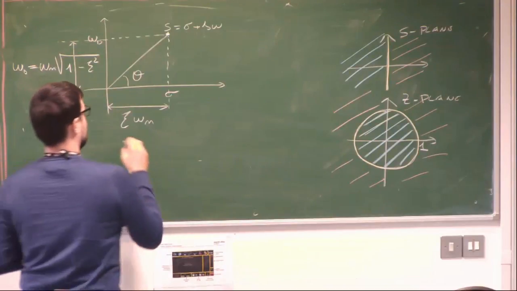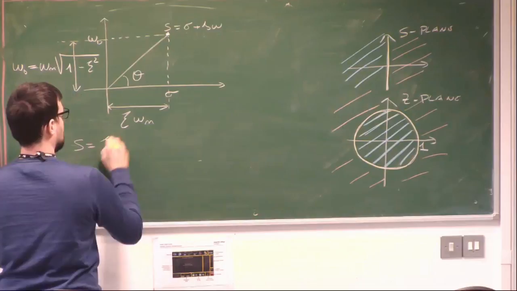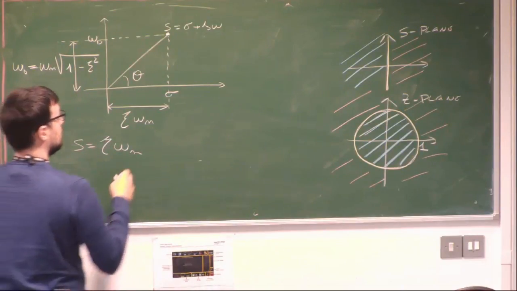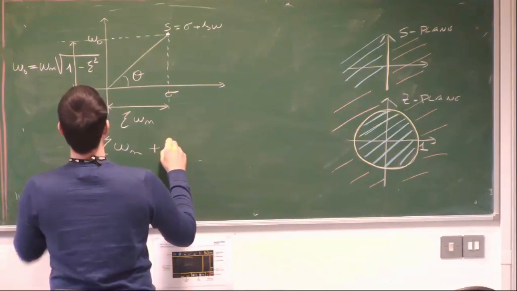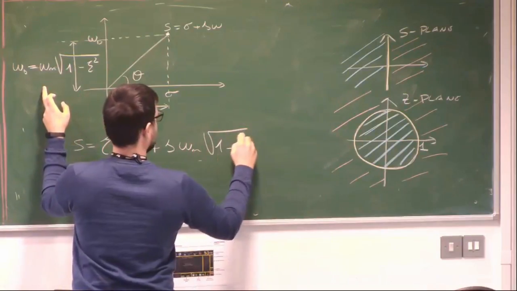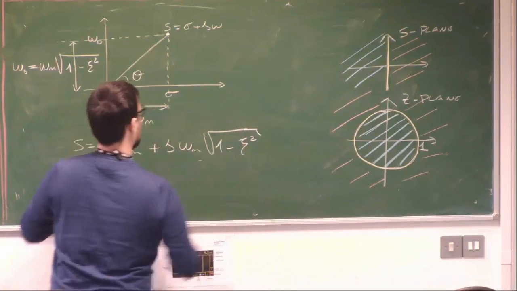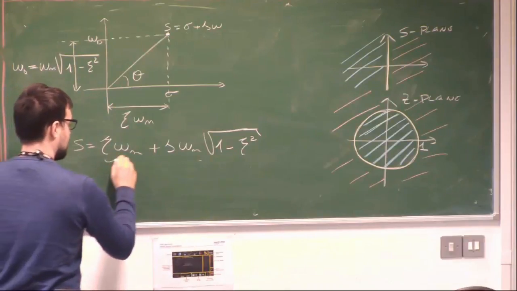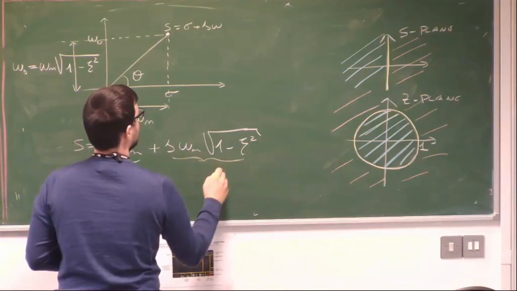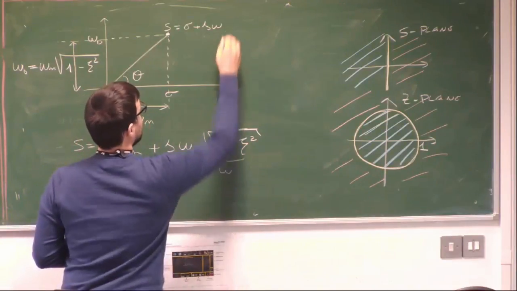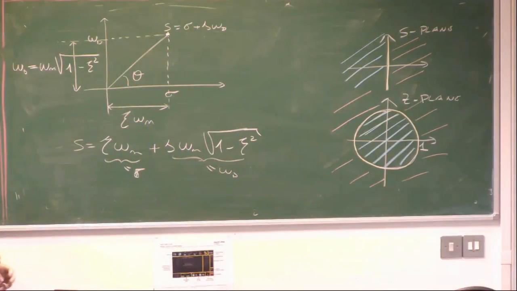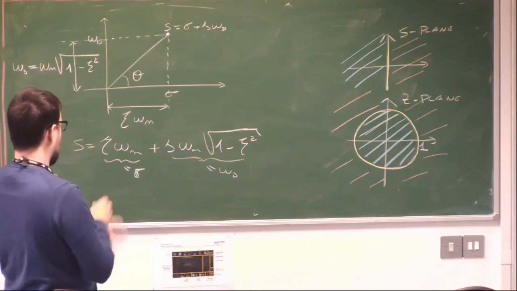So we write that the point S is equal to zeta omega n, so this symbol that is also on the slide is called zeta, plus j omega n square root of 1 minus zeta squared, okay? So we use this parameterization where obviously this term is equal to sigma, okay? And this term here is equal to omega. In this case, we use omega d, just because it has this name in this case. So we have this parameterization.